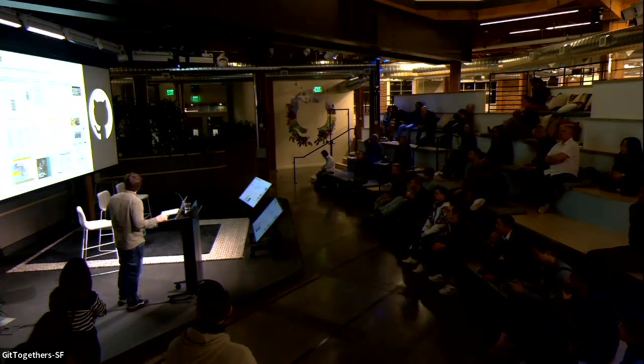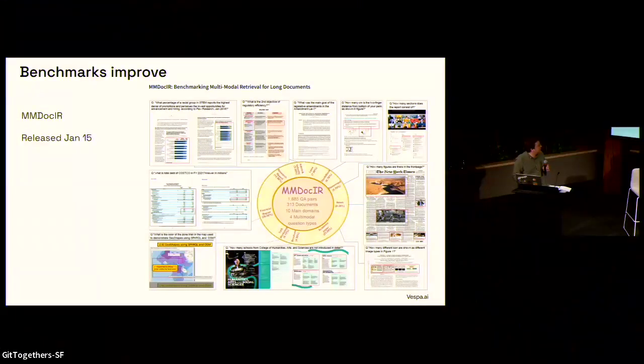So more benchmarks and papers do keep appearing in this domain of doing RAG completely visually and doing multimodal query answering over complex documents like this. This is one released January 15th, so almost a month ago.